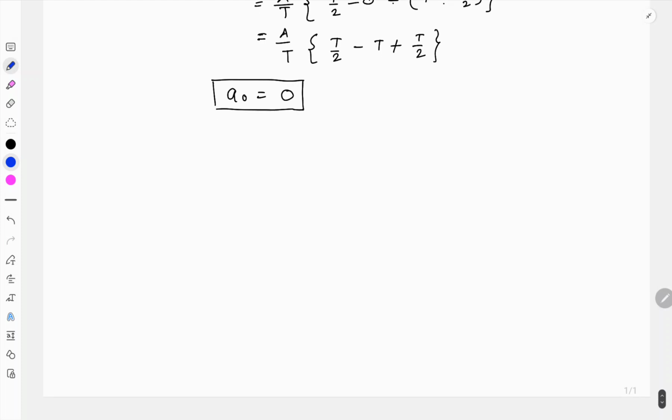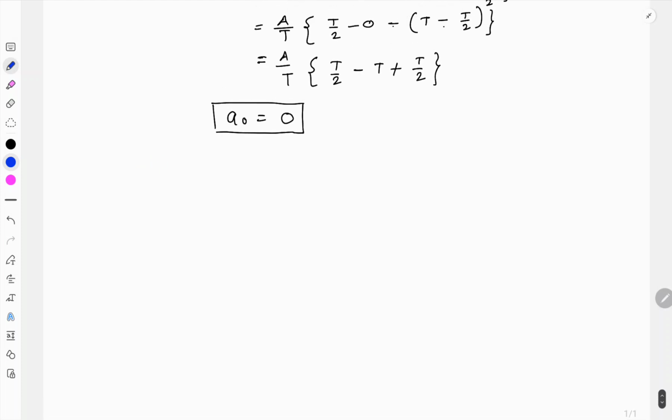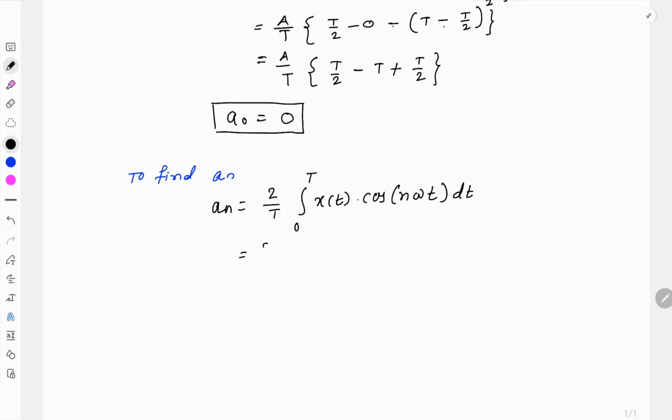Now let us find the second coefficient, an. For an the equation is given as an is equal to 2 by T integration from 0 to T x of t into cos of n omega t dt. Again substitute the values.